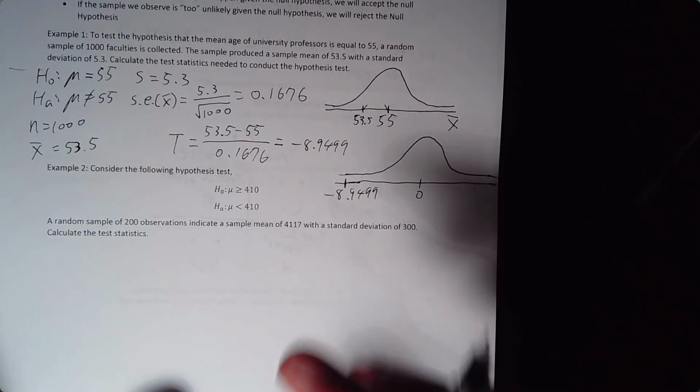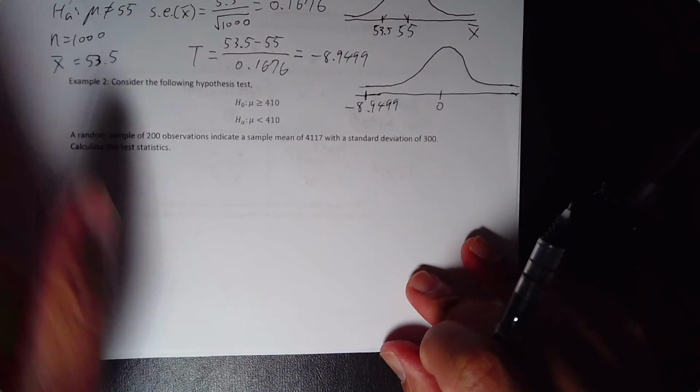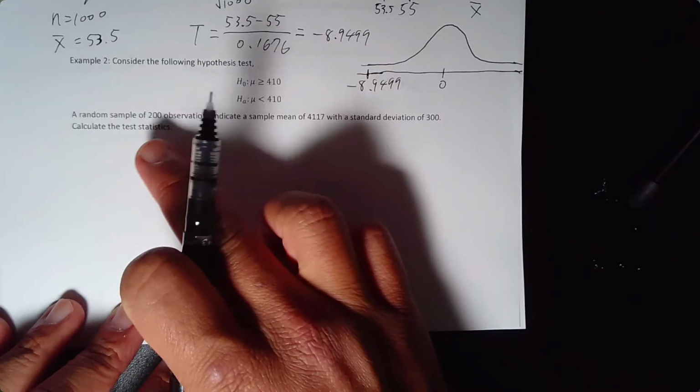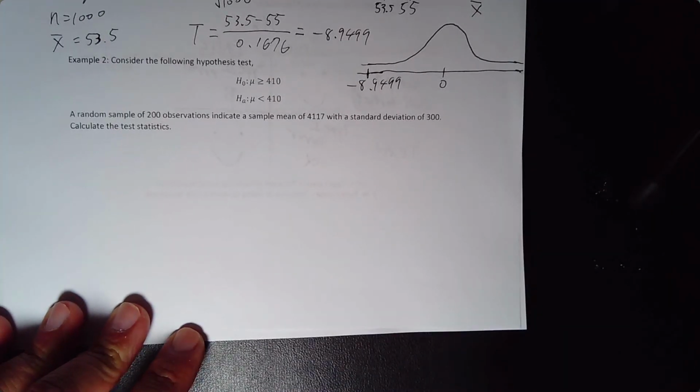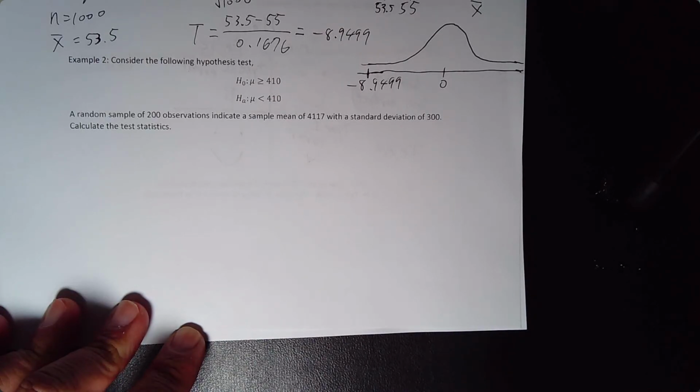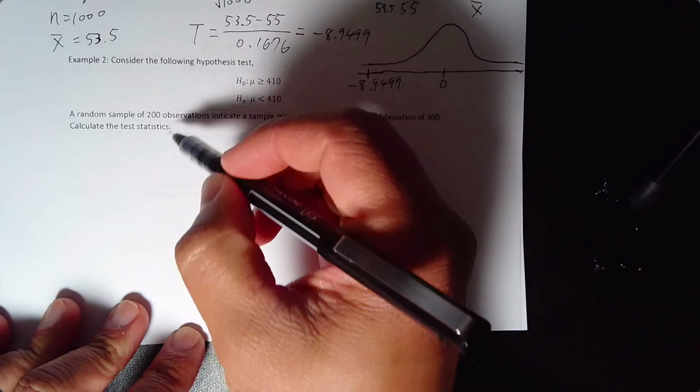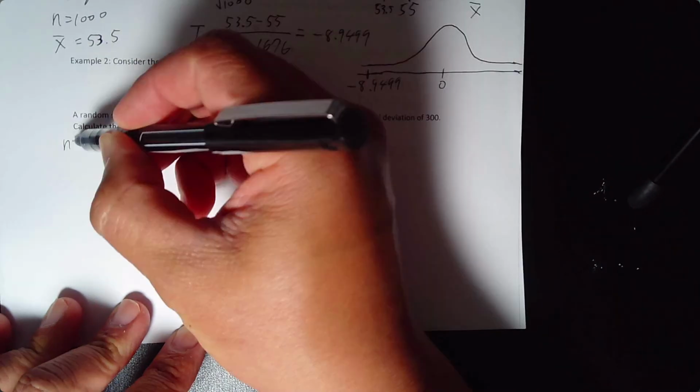Let's give this one more try. Go ahead and read this, and then calculate the test statistic. Pause the video if you like, and you can check your answer here when you're done. I have a sample size of 200, which is greater than 30.